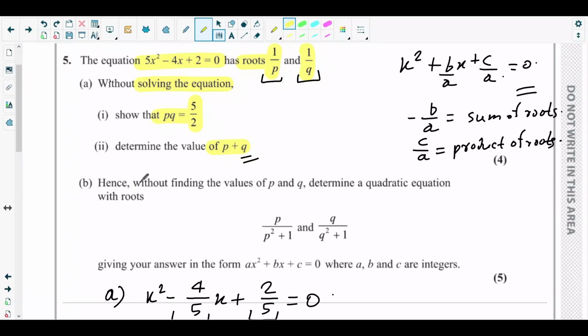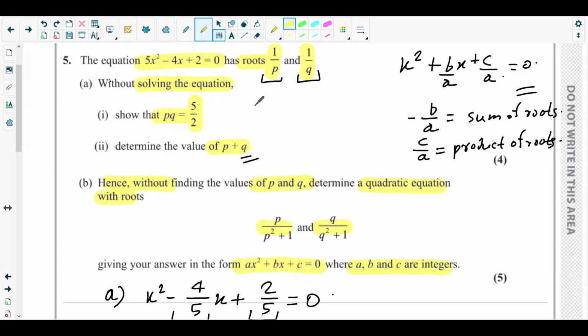Next is part B. Here the question is asking, hence without finding the values of p and q, determine a quadratic equation with roots p over p squared plus 1 and q over q squared plus 1, giving your answer in the form ax squared plus bx plus c equals 0, where a, b and c are integers.